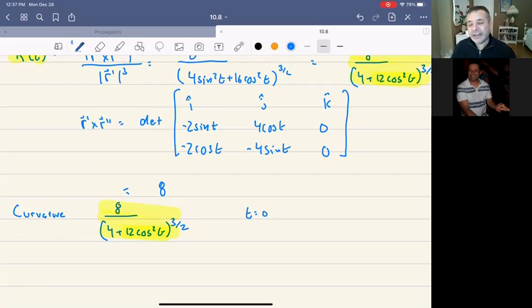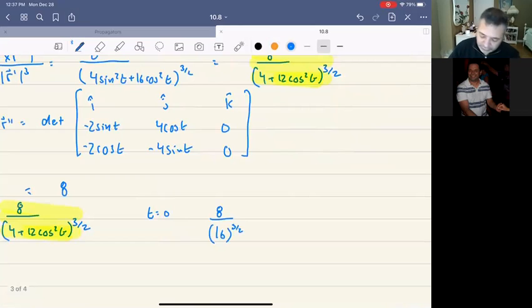Cosine of 0 is 1, so it's going to be 8 over 16 to the 3/2. 16 to the 1/2 is 4, so 8 over 4 cubed, which is 8 over 64. That's 1/8. So that means it's going to be a radius of 8.